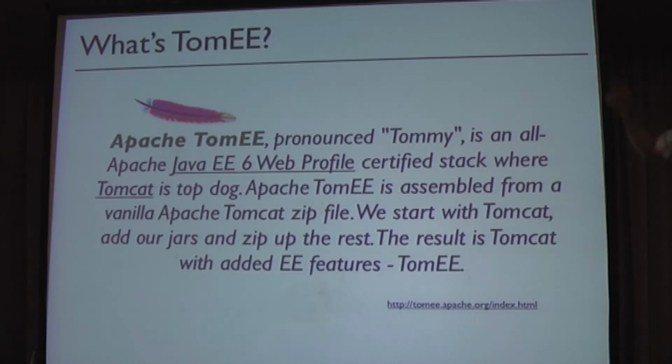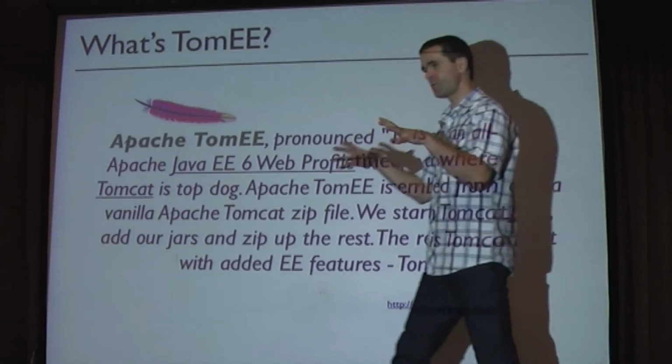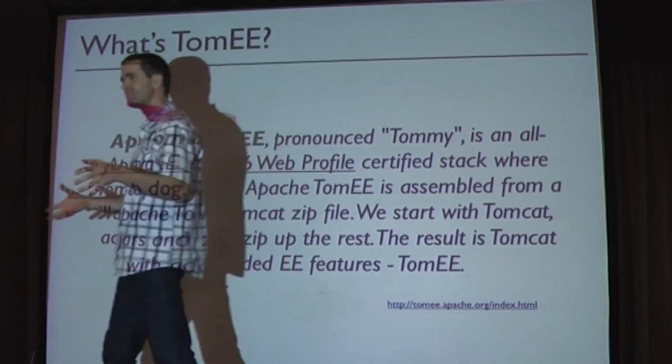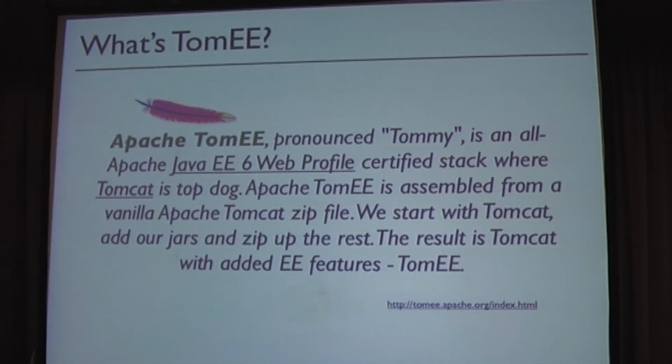Why? Because TomEE is coming. Well, it is. TomEE is Tomcat plus additional jars to make it fully compatible with the requirements of Java EE 6 web profile. Think about it.